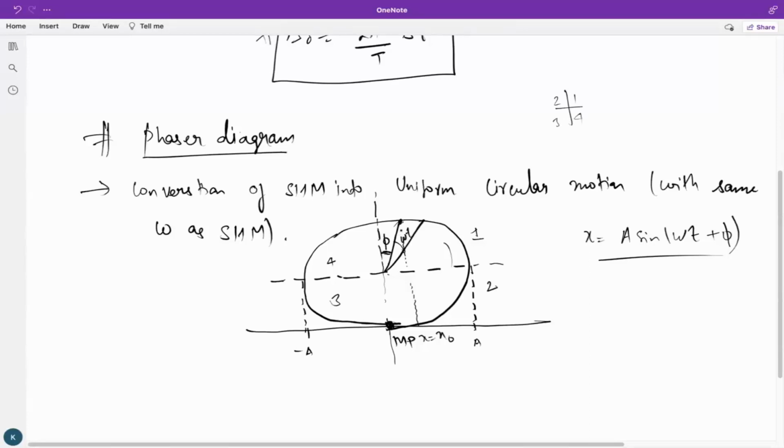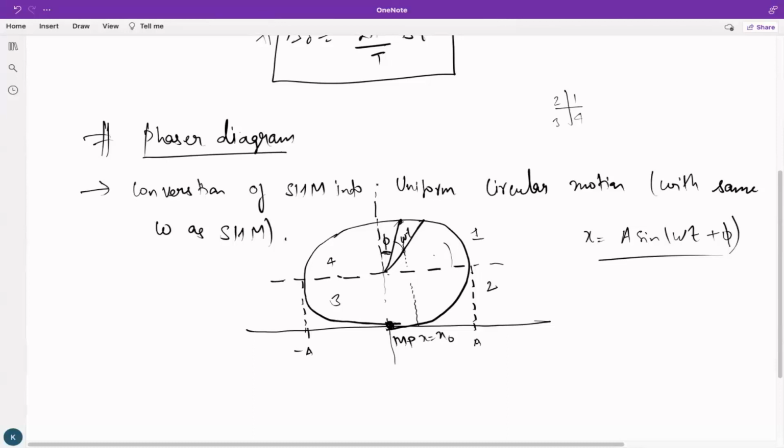But when we do the conversion of simple harmonic motion into uniform circular motion, we have to move in a clockwise way. So 1, 2, 3, 4. This is our coordinate system. So you have to note this thing.